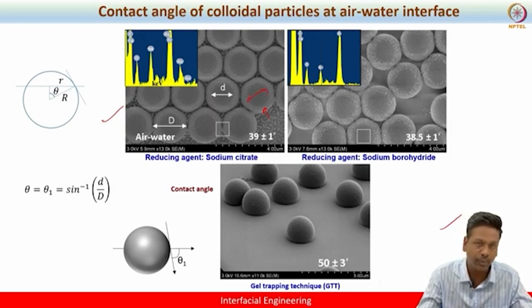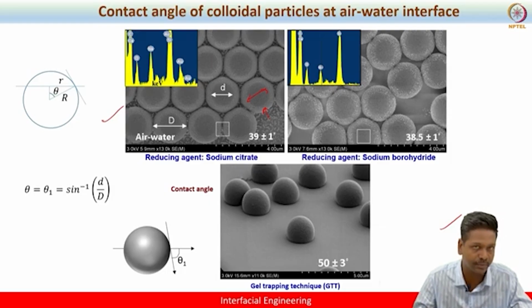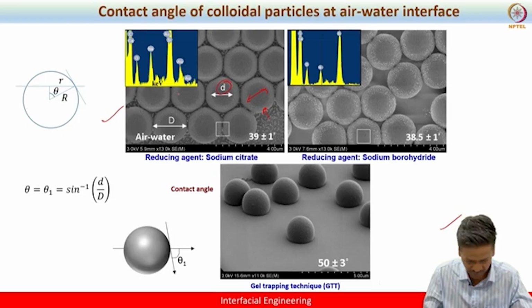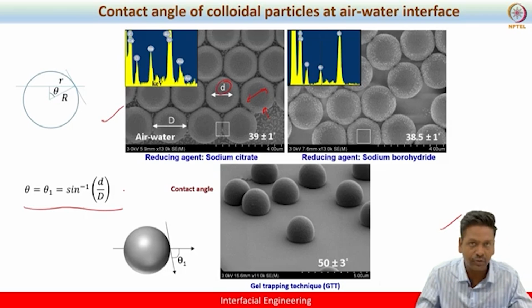Because this part is exposed to the air side, you will not expect any sort of deposition on the air side. By measuring the two-dimensional projection of this uncoated region, which is small d in this case, and the diameter of the particle, one can deduce this information using a simple geometric rule.